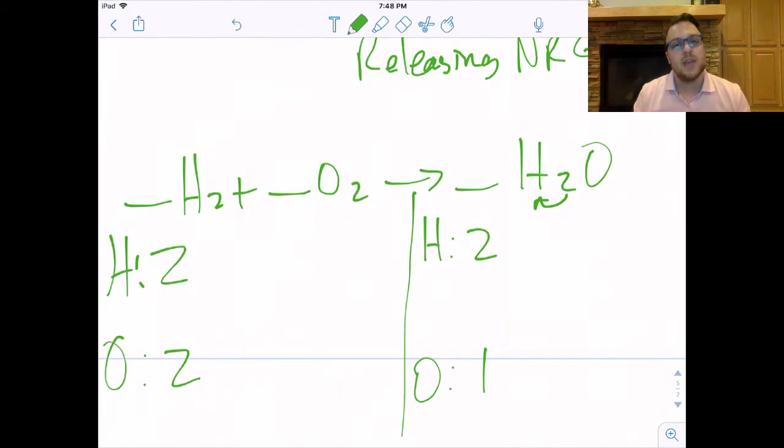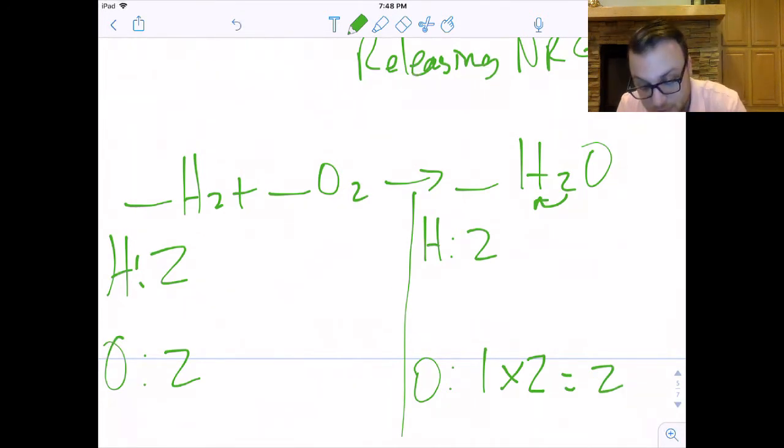So I could very simply take this O and not add, but multiply it by 2, and now I have 2 O's. So I need to change my coefficient here to a 2. But when you put that 2 in front, make sure you change every atom in the compound.